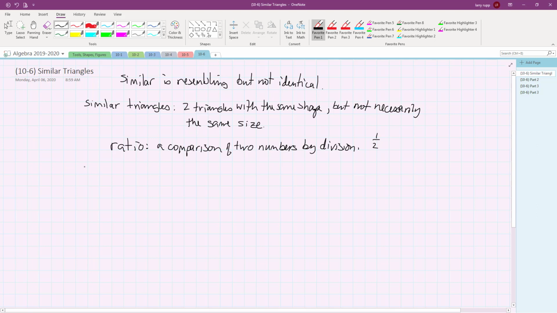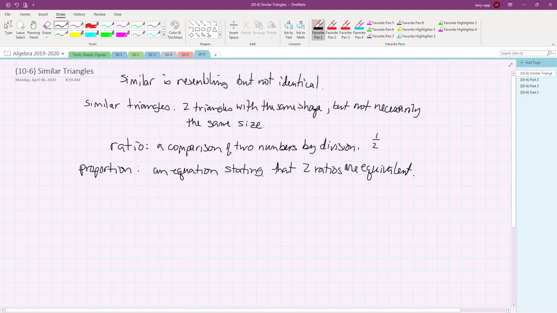The next thing we need to remember is, what is a proportion? Yeah, I know, that's digging way back there. But that's not too hard. A proportion is an equation stating that two ratios are equivalent.